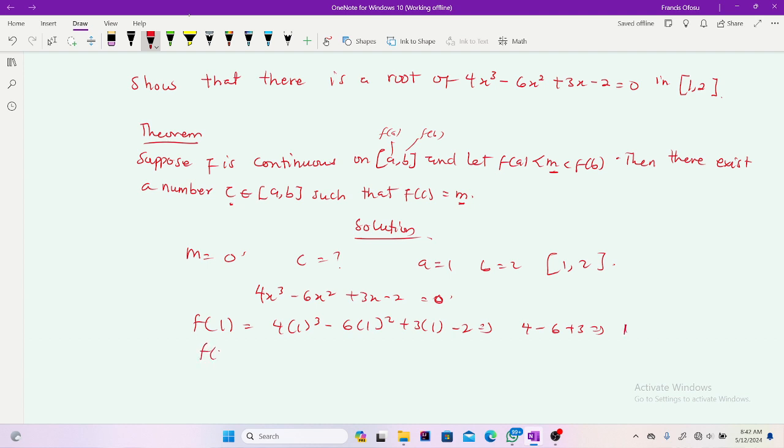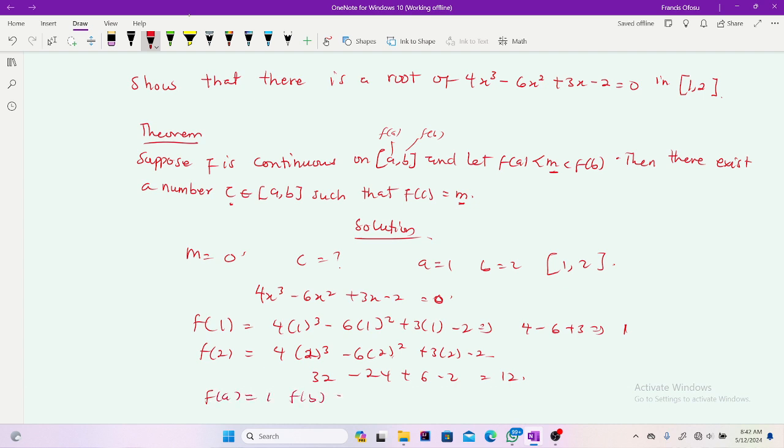What is f of 2? f of 2 is the same as 4 multiplying 2 cubed, minus 6 multiplying 2 squared, plus 3 multiplying 2 minus 2. 2 to the power 3 is 8, 8 times 4 is 32. 2 squared is 4, times 6 is 24, right? Plus 6 minus 2. So 32 minus 24 is giving us 8, right? 8 plus 6 is 14. 14 minus 2 is 12, right? So therefore, my f of a is equal to 1.